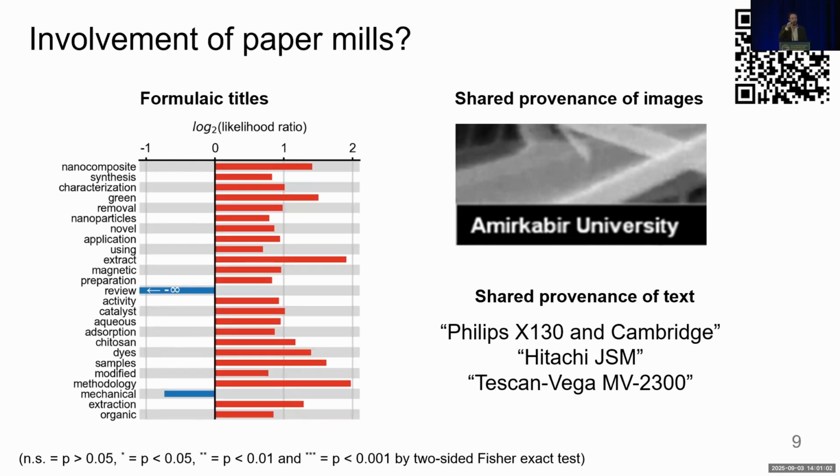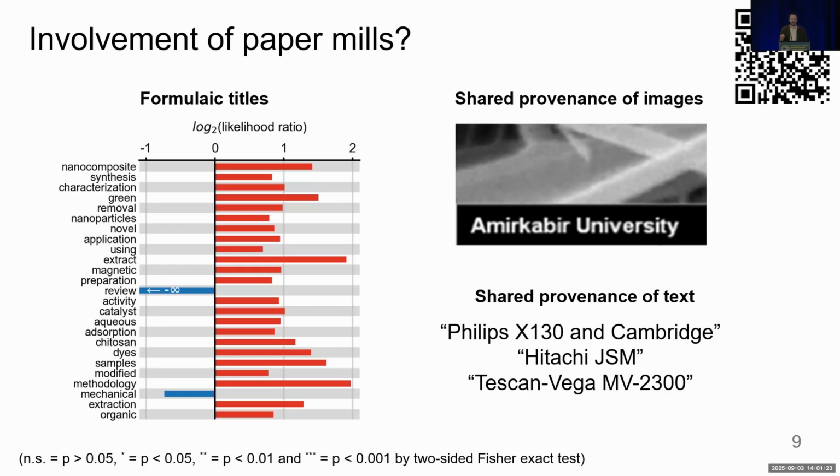You could also look at the metadata banners that told you where the images came from, and many of the images had unexplained shared provenance. So, for instance, many images appeared to have come from Amir Kabir University, despite the authors not having affiliated with the university nor having acknowledged it. And a lot of these articles did not have authorship in common.